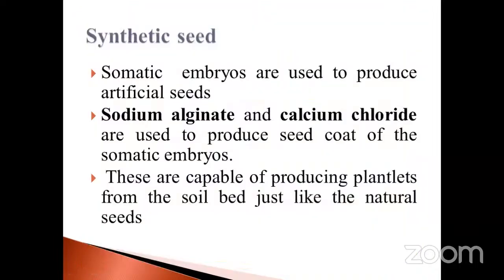Don't forget. Next, we are going to discuss synthetic seeds. It is another important process, I think, my dear student. Synthetic seed. The somatic embryos are used to produce artificial seeds, so somatic embryos are used to produce an artificial seed, just like a normal seed-like structure.